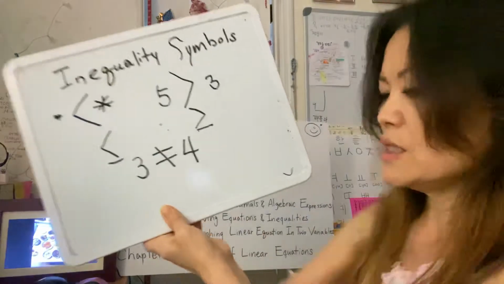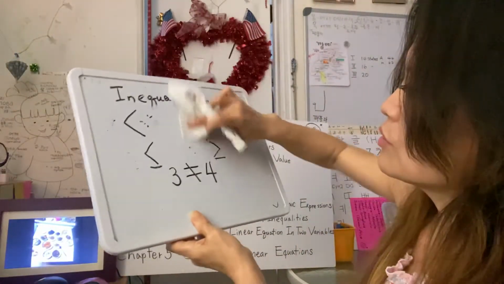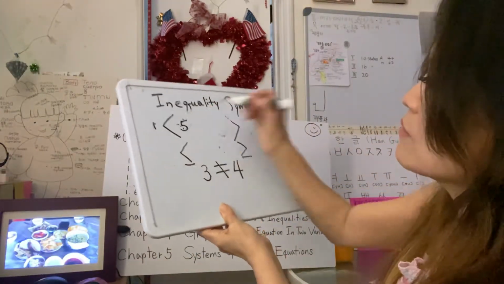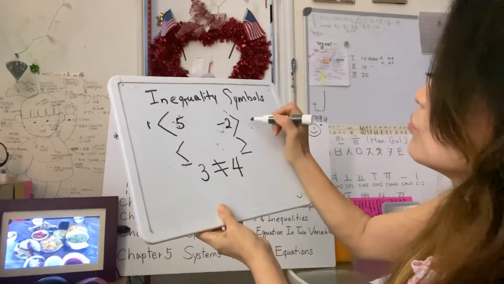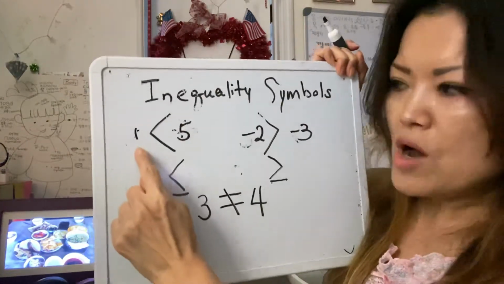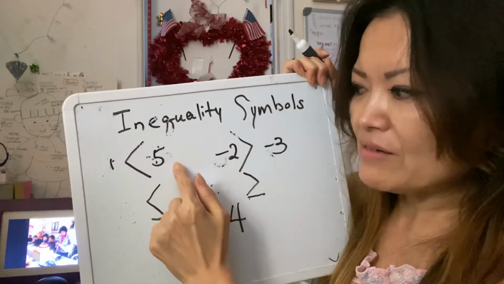So let's read a little bit. How are you going to do it? 1, 5, maybe -2, -3. Let's read. 1 is less than 5. Very good.